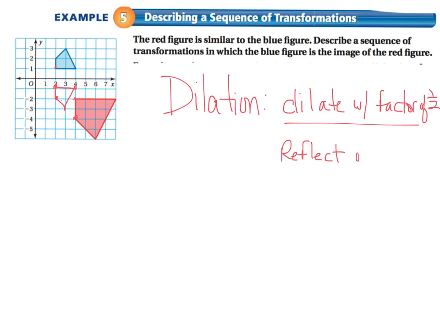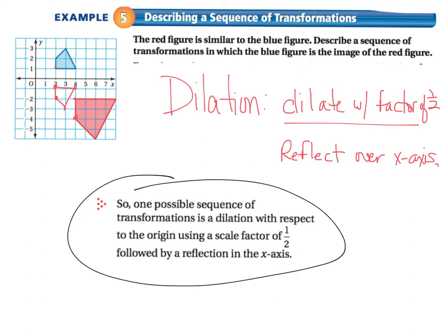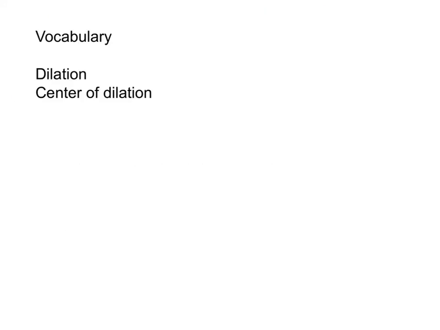You're going to reflect over the x-axis. So one possible sequence with respect to the origin would be using a scale factor of 1/2 followed by a reflection in the x-axis. There is one possible sequence. And your vocabulary words would be dilation and center of dilation.